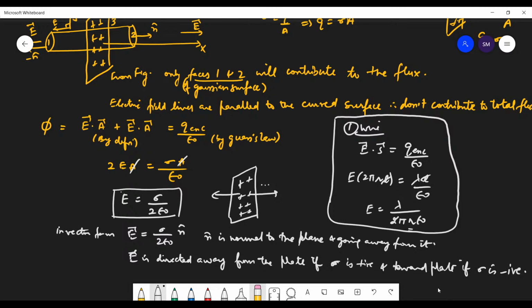So this is the derivation of field due to uniformly charged infinite plane sheet.